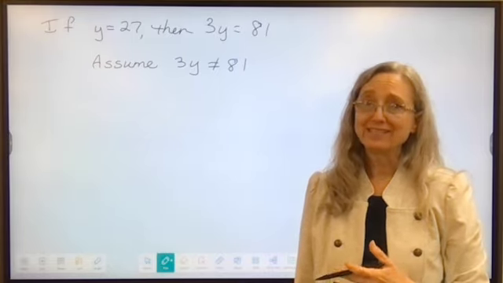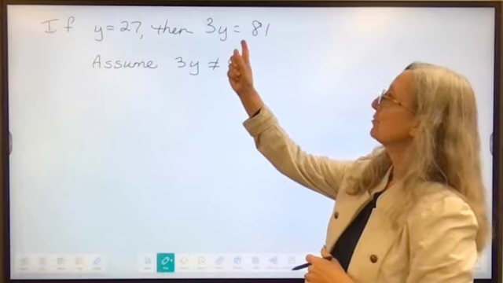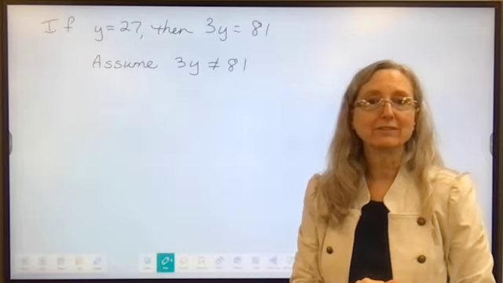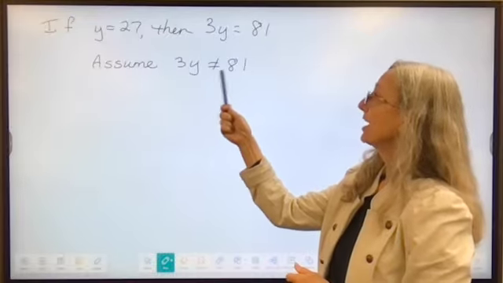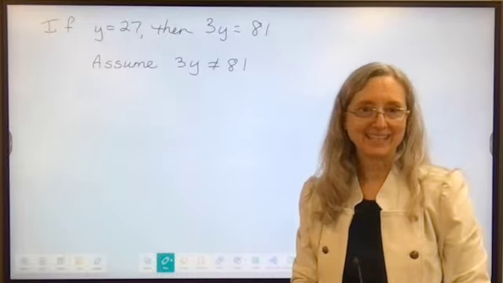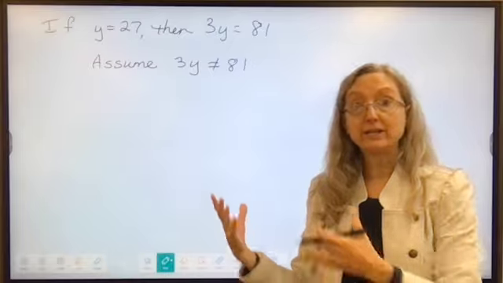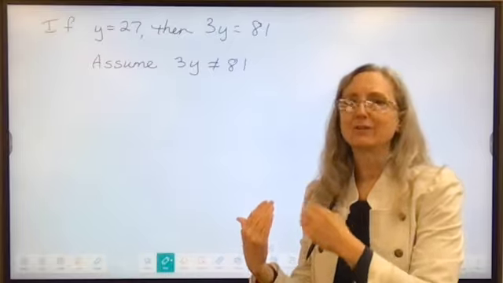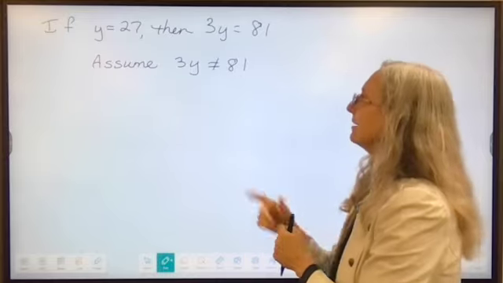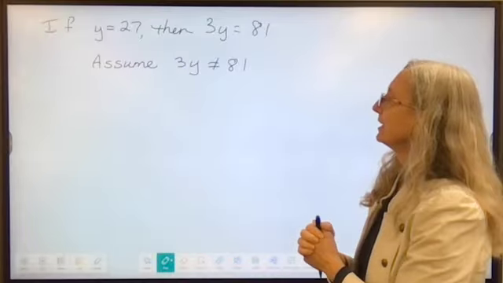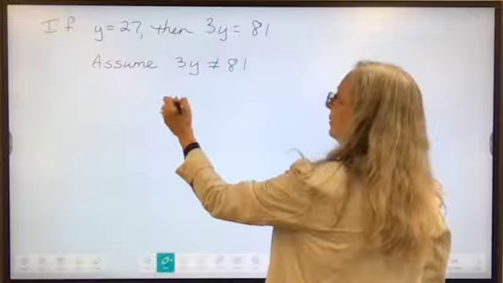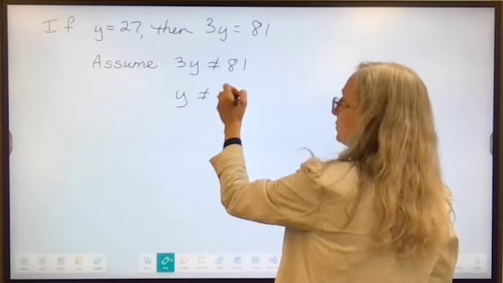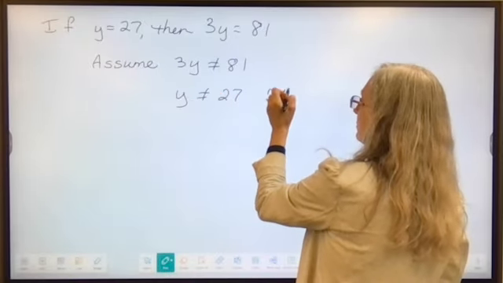So that's pretty easy. If we're trying to show that 3y equals 81, we're going to temporarily assume the opposite, that 3y does not equal 81. All right, so then I'm going to take it a step further. Let's follow through with that. If 3y does not equal 81, then dividing both sides by 3, y does not equal 27. That's the multiplication property.